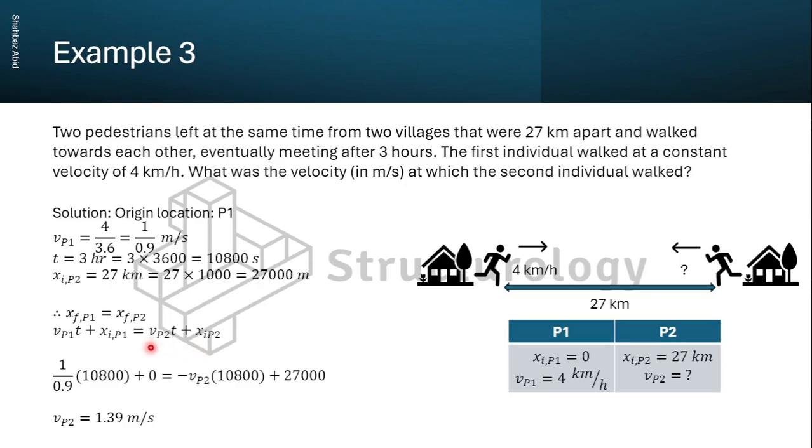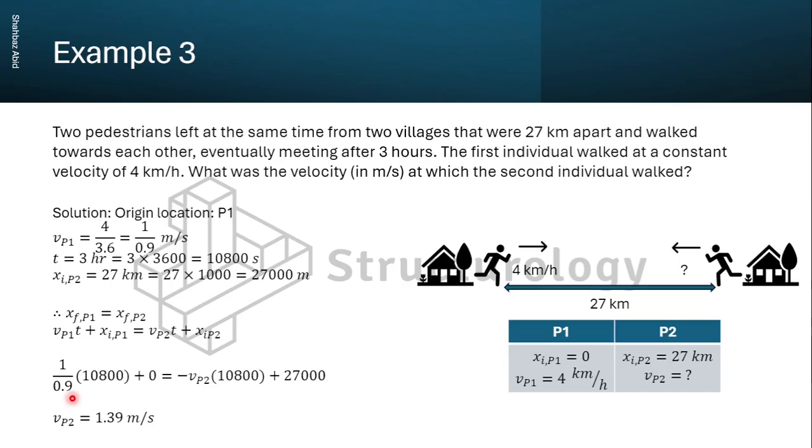So the only unknown we have here is the velocity. The velocity of P1 was moving in the positive x direction, and they are walking towards each other, which means that the velocity of P2 will be in the negative x direction. So I have put a negative here already and the value is still unknown.